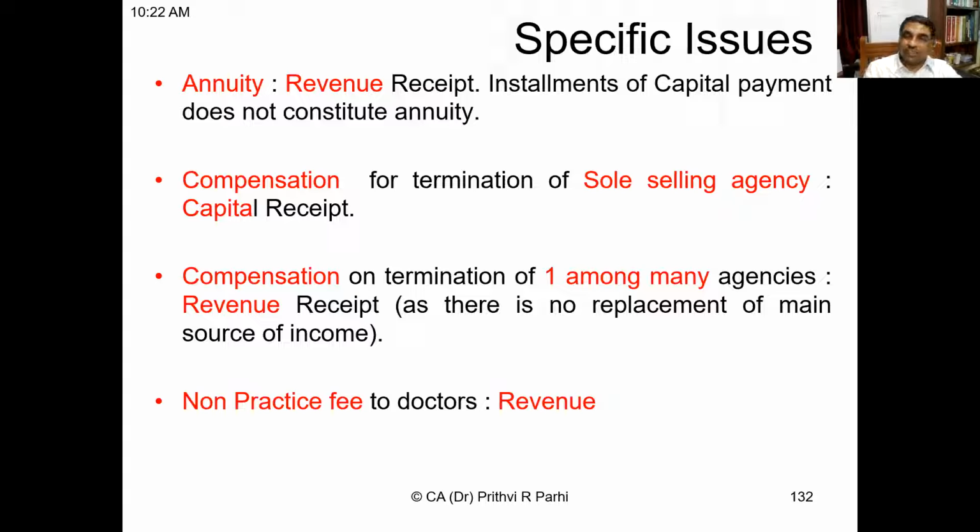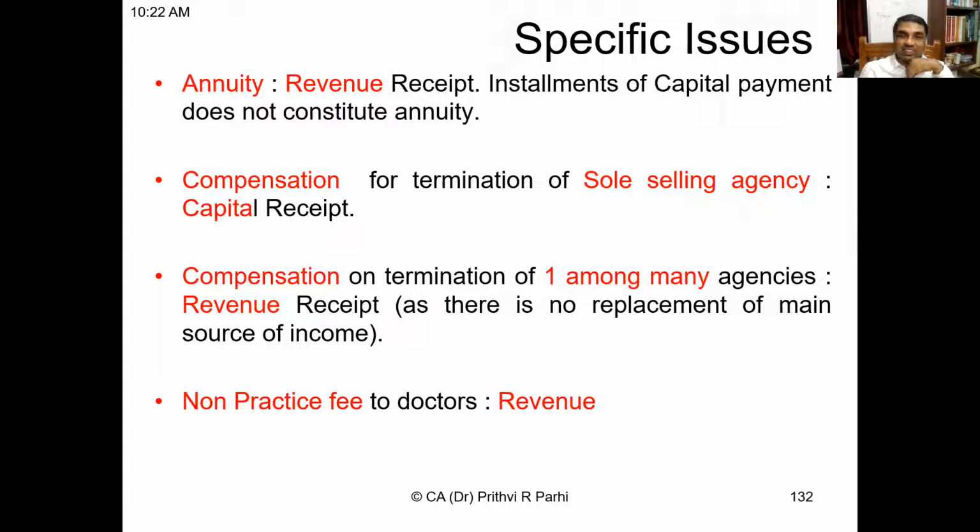Then again, this concept we had discussed: compensation for termination of a sole selling agent. Let us say there was a person who was the sole selling agent, the only selling agent of a company or a business. That agency is terminated and compensation is paid to him. What do you feel? Should it be a revenue receipt or a capital receipt?